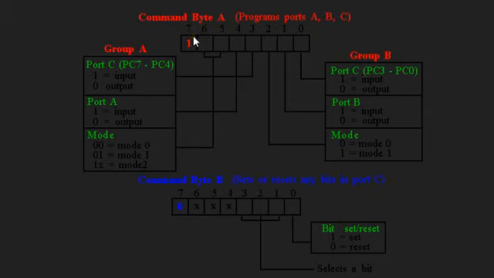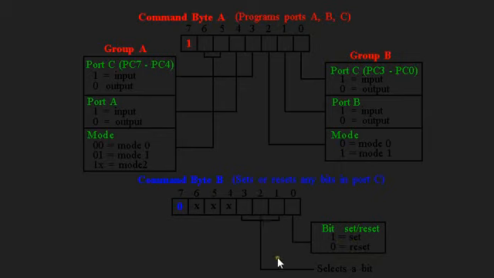If this is 1, it can generate the command byte, which is the red signal for group A and group B. This red color indicates that if the last position is 1, it will go to the command byte, and if the bit 7 is 0, then it will go to the command byte B, where bits 6, 5, and 4 are don't care, and bit 0 is for bit selection, where it can be set or reset. 1 is for set and 0 is for reset.